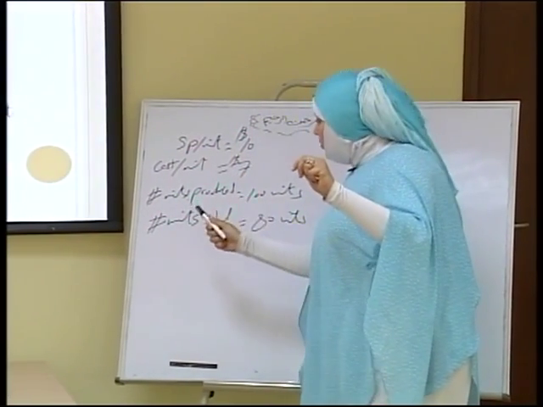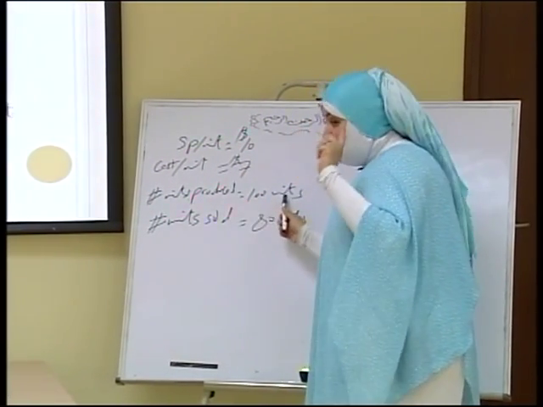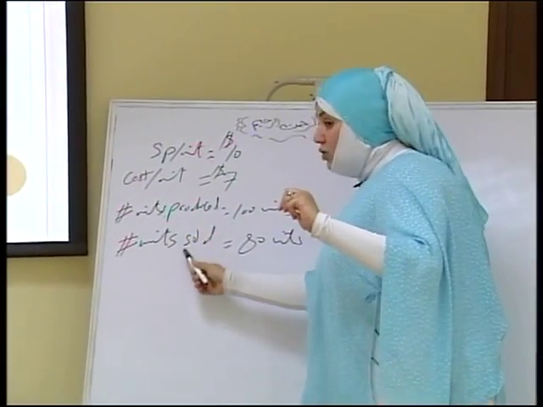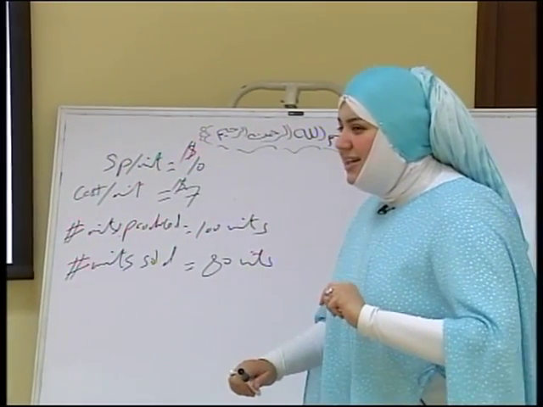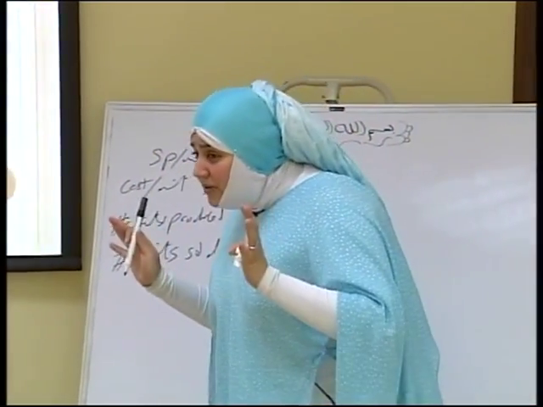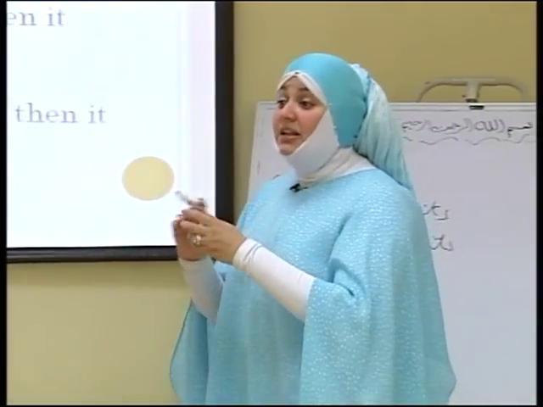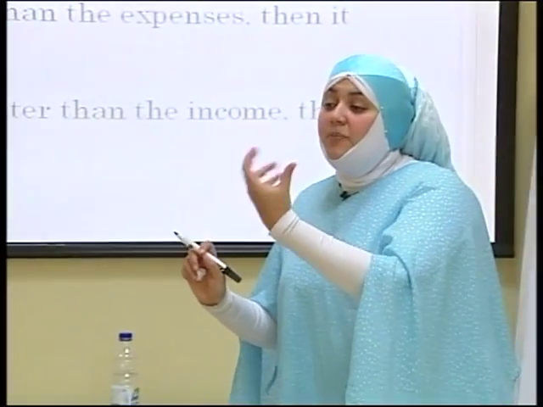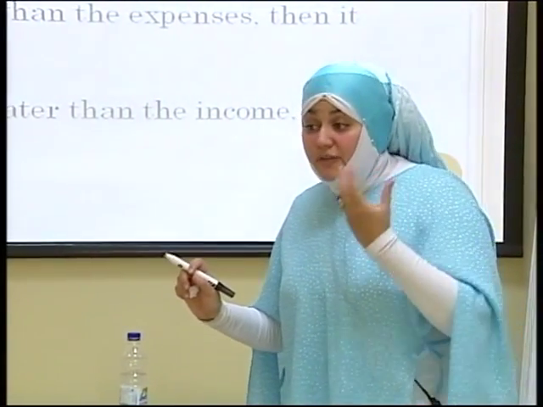Selling price per unit is $10. Cost per unit is $7. Number of units produced 100 units. And number of units sold 80 units. What I'm asking about is that I'd like you to calculate the value of the income they achieved during this period. The value of the income.